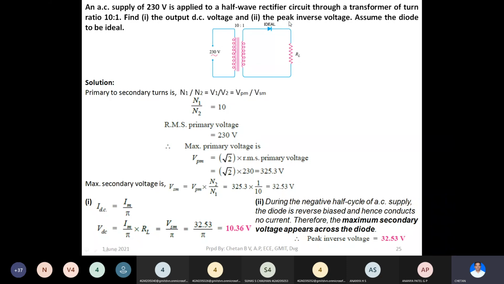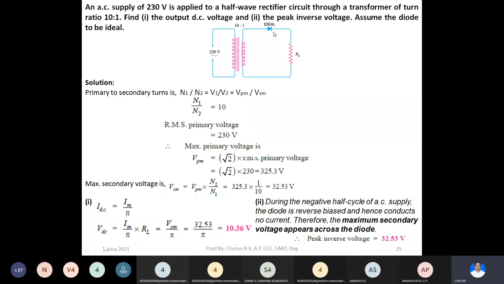The second thing that you want to get is peak inverse voltage. So this is a half wave rectifier. The peak inverse voltage for half wave rectifier you will get whenever this diode is reverse biased. During this reverse bias, you will get a voltage across this diode as the voltage across this secondary of the transformer, because this is an open circuit.